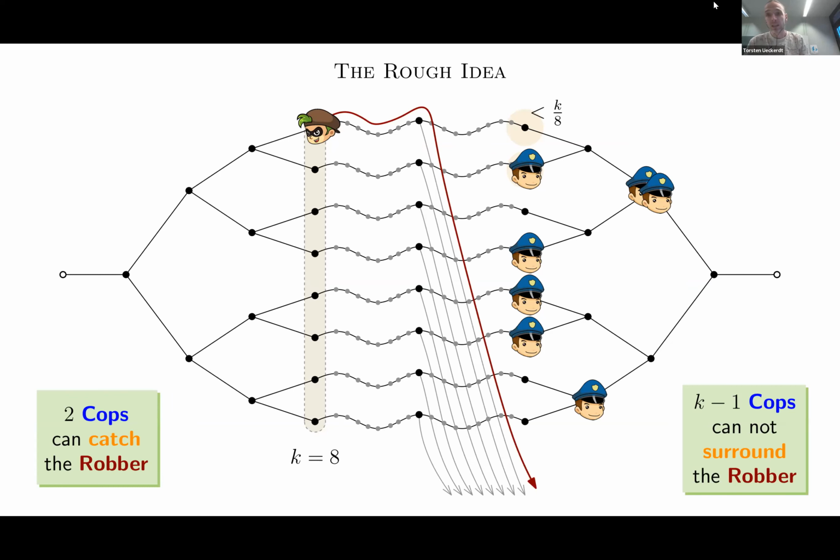Now the effect is that the robber, if he's not caught, must go to the second copy. He cannot stay in the first copy. So at some point he must go to the second copy, and either he goes like this or he goes kind of around like this. But in any case, at some point he will be on a vertex where the corresponding duplicate vertex in H1 has a cop.